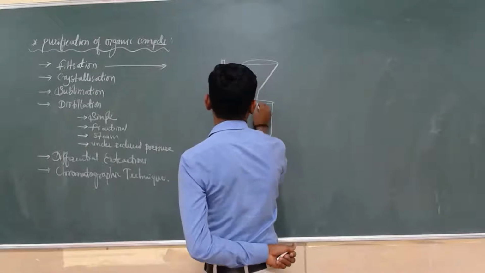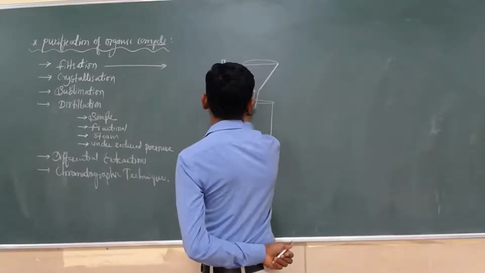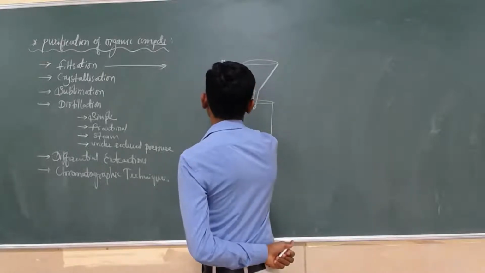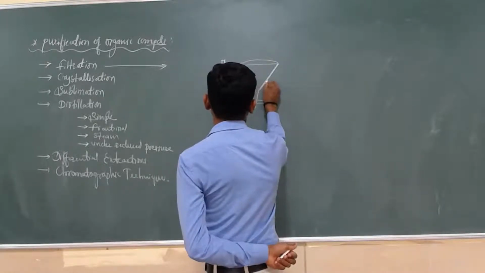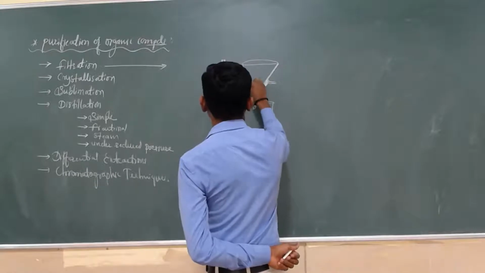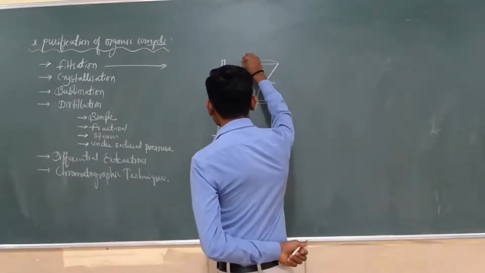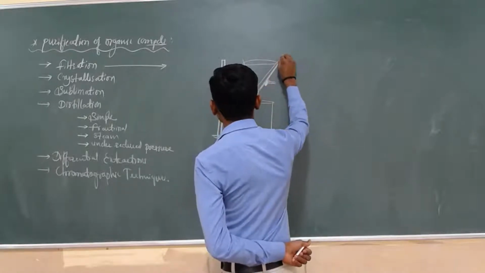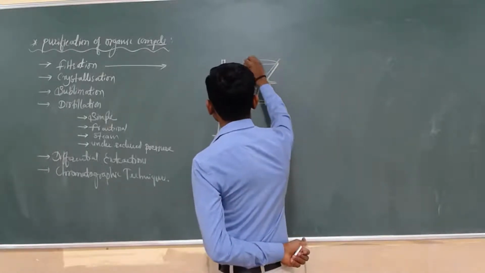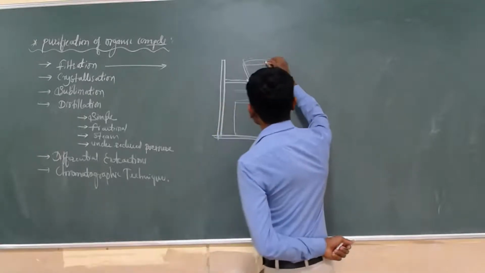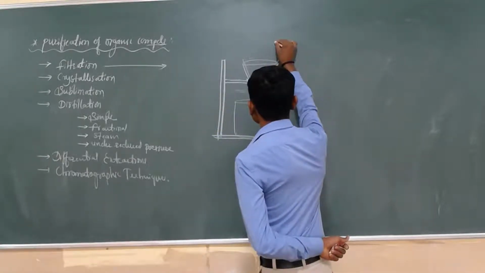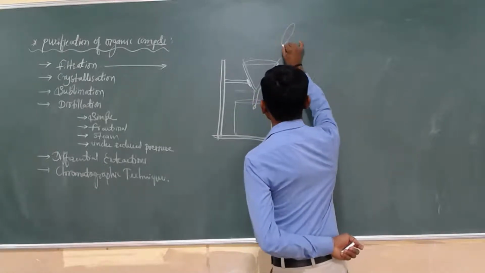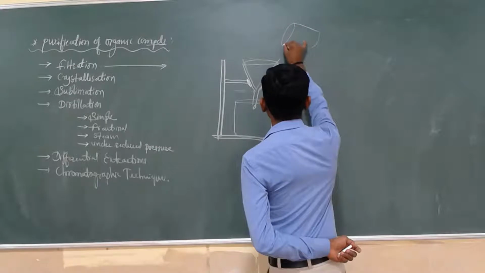Beaker. This is the filter paper. We are using the glass rod. The solution is poured. The mixture.